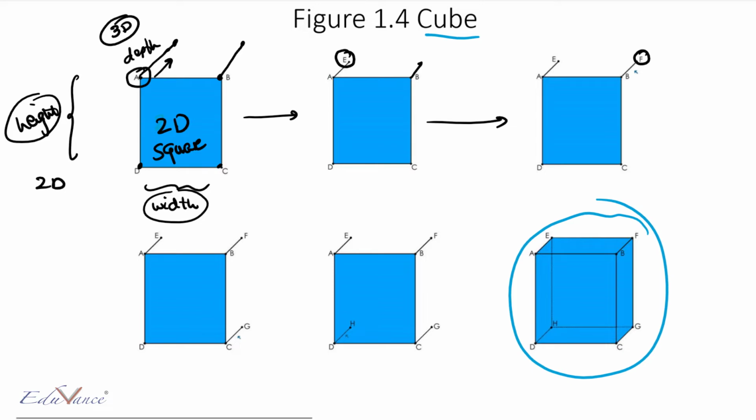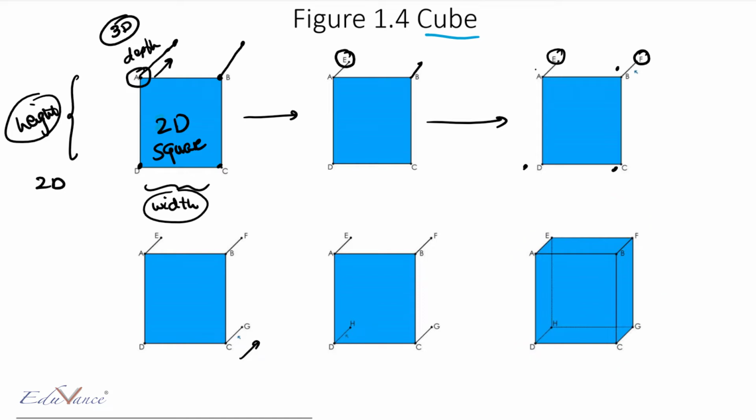After you mark those points, you take each of the points. Here we have A, B, C, D. We take all those points and extend them until we get our 4 new points. Now you take these new points, E, F, G, H, and connect them like this.